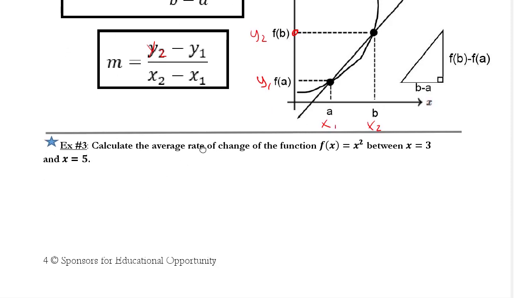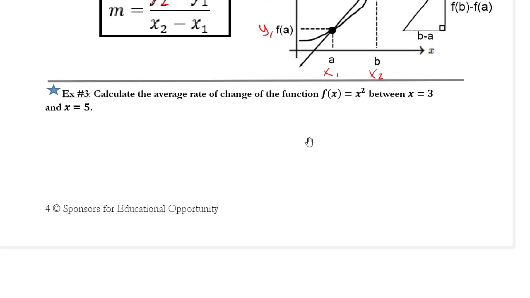Let's just do a quick calculation. So here we're being asked to calculate the average rate of change of the function f of x is x squared between x equals 3 and x equals 5. So we'll do it a little explicitly here. So we know that the average rate of change from our formula is going to be f of b minus f of a all over b minus a, and in this case our function is x squared, and in this case we could say that our a value is 3, right, and our b value is 5.